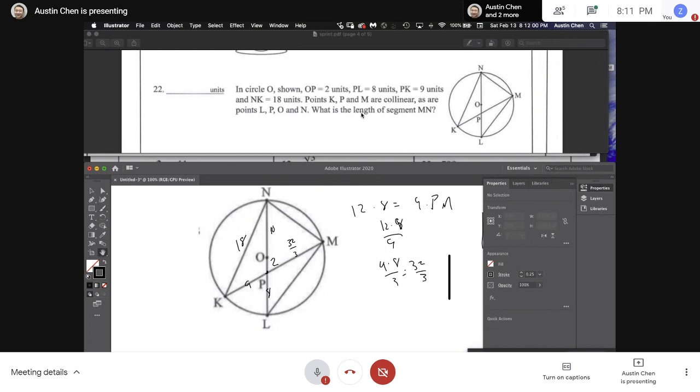Oh, also, it says what is the length of segment MN, right? It doesn't say what is the length of segment MN to the nearest 10 or to the nearest 100. So if it just says that, again from experience, usually it's wanting an integer, and if you don't get an integer answer, you should try briefly checking your work again.